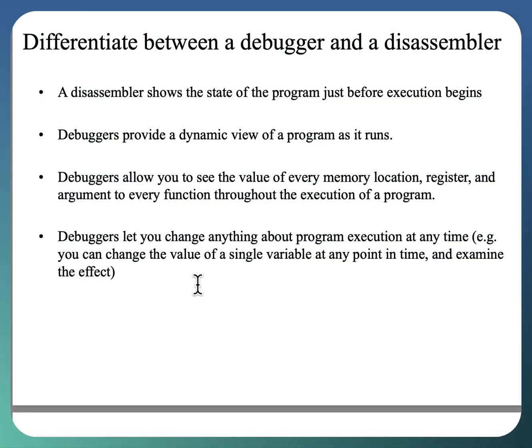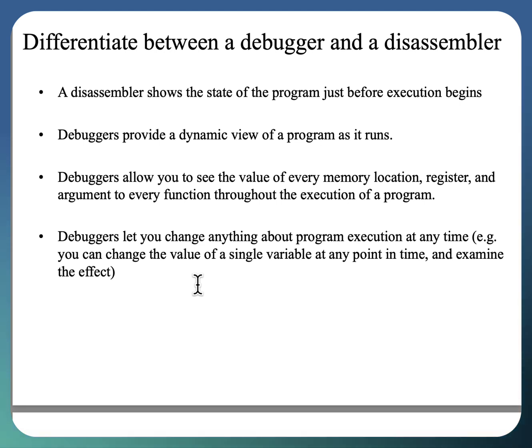Now, obviously, we need to be able to differentiate a debugger and a disassembler. A disassembler, as we saw, shows the state of the program just before execution begins, because you got to remember that what we're doing when we're using a disassembler is basically just reverse engineering the code. So there is no execution involved.